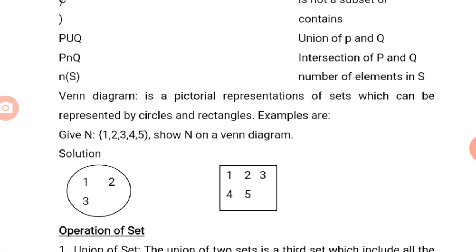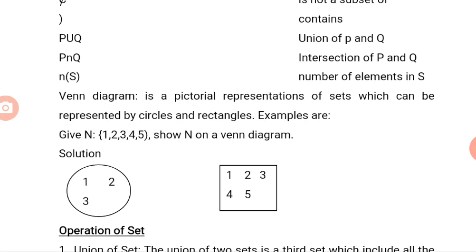We also mentioned the definition of a Venn diagram. A Venn diagram is a pictorial representation of sets which can be represented by circles and rectangles.